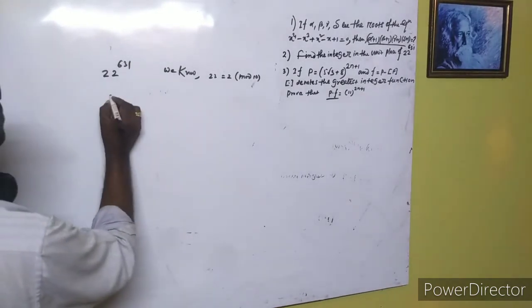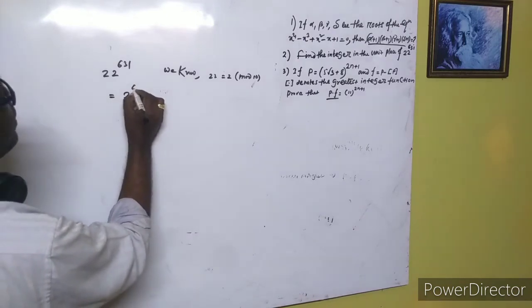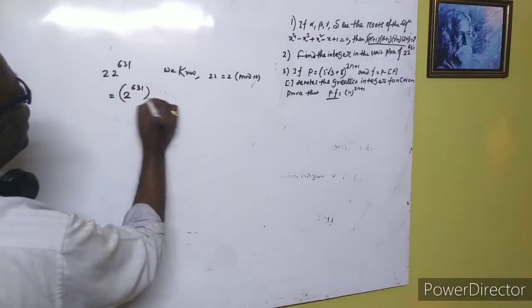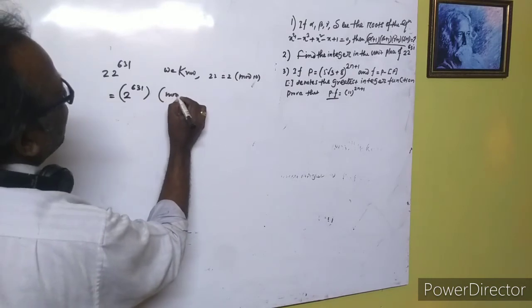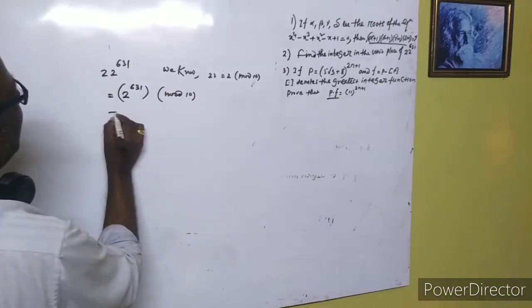So this is equal to, and 2 to the power 631, in the mod 10 system.